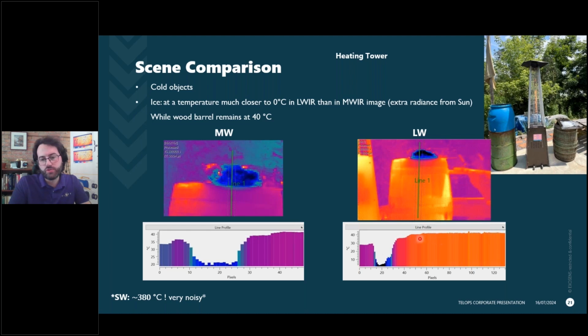But when you go to long wave, that's when we go to pretty much 0, 1, 2 degrees Celsius. And you have that sensitivity going from the ice to the barrel, showing that contrast. It still shows that the barrel is at the same temperature as what we're measuring in midwave. So it shows that that is the radiometric temperature that is expected from that barrel.